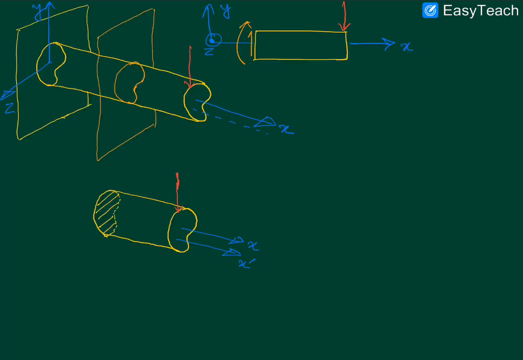But if we have to say anything concretely about the net twisting action, or the net twist that is seen in this cutaway piece, and consequently in the entire beam that we were considering here, so either you consider this one or this one, whatever happens here has a direct consequence here.